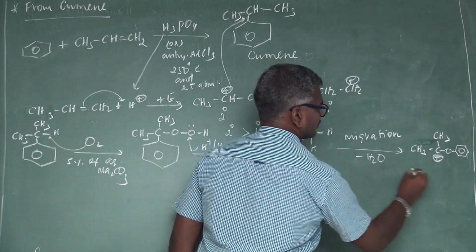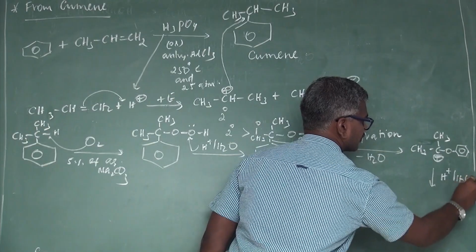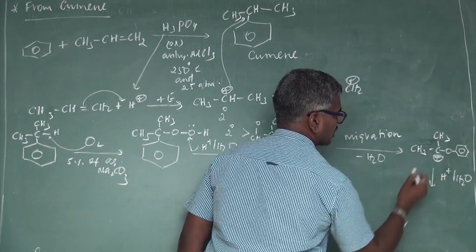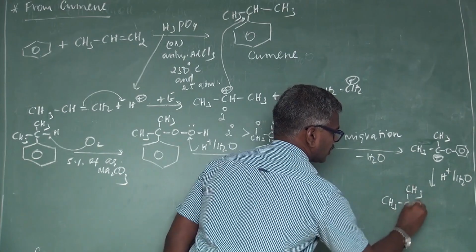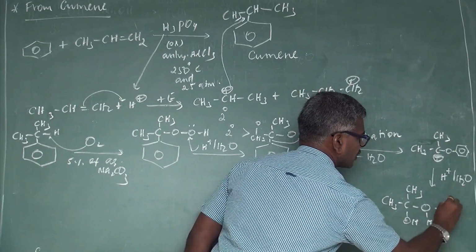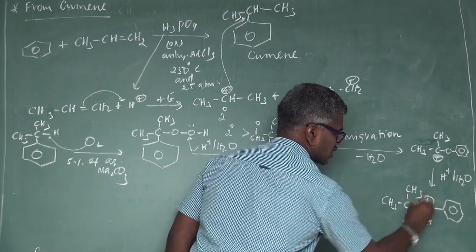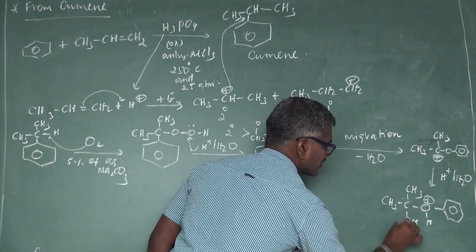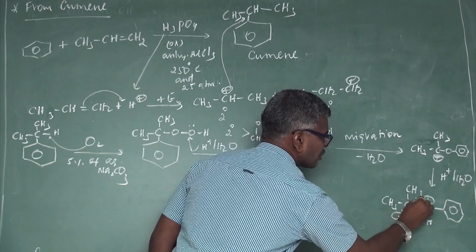Removal of water. Next, acid hydrolysis. This reacts with water, OH. The oxygen attached to the benzene nucleus carries the positive charge; the oxygen has 2 lone pairs, and among the 2 lone pairs one is donated, so this bond breaks.